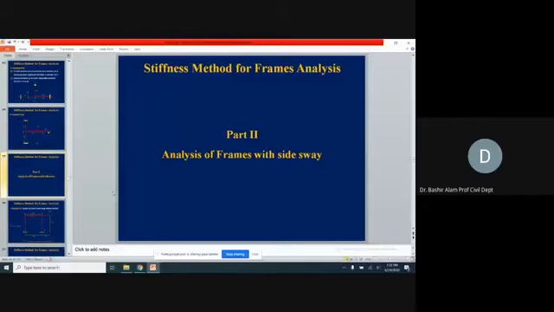You should now cover whatever we have done till now for the non-sway problems, for these frames where we don't have any sway, because this will also be running in the background. From beams, we went to the analysis of frames without sway, and now the sway problem will be a little bit more complicated. It will not be complicated if you know whatever we already did for the beams and for the non-sway problems.